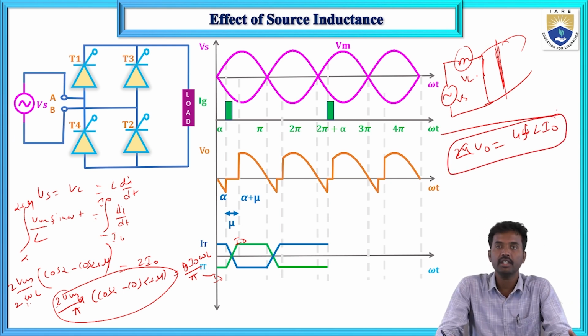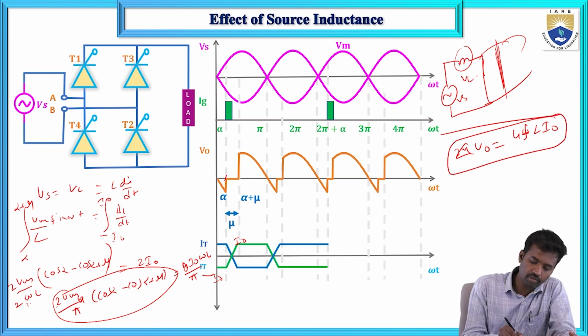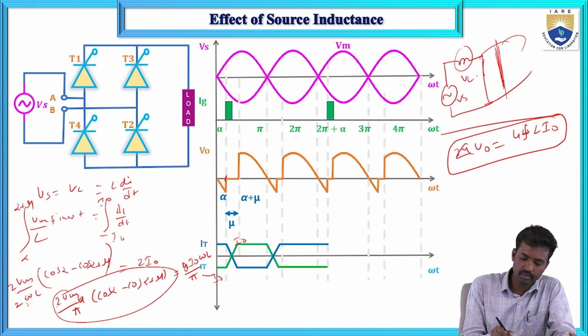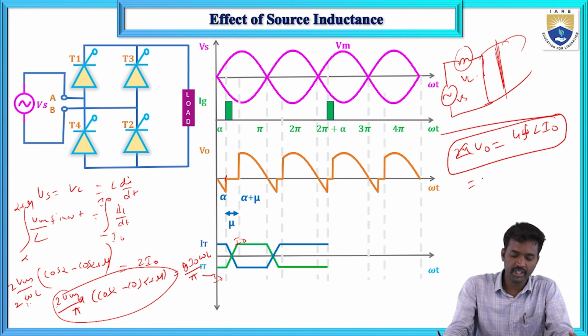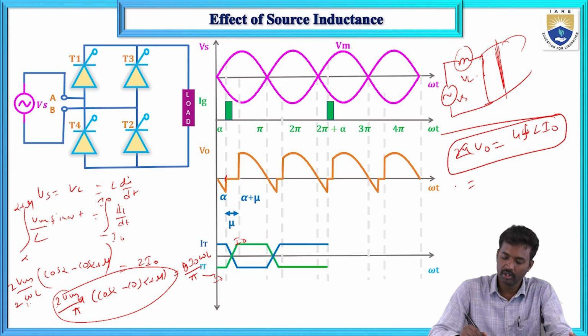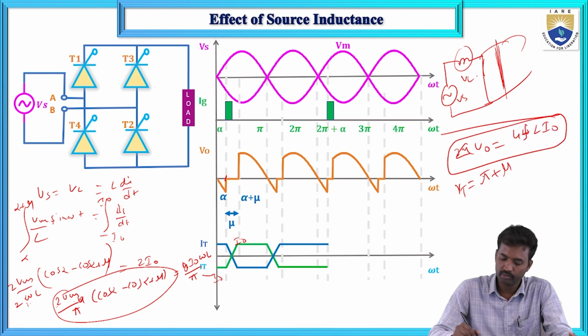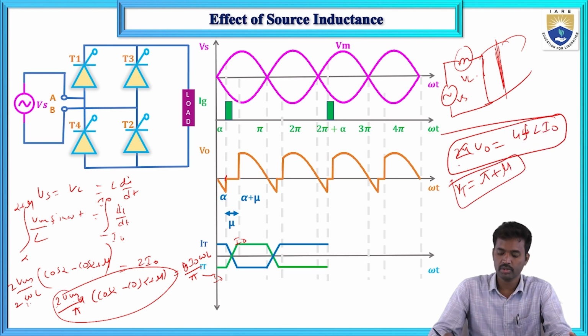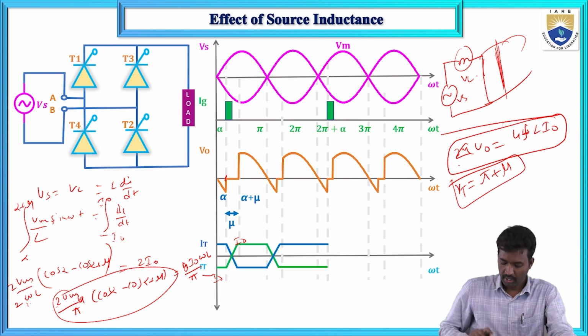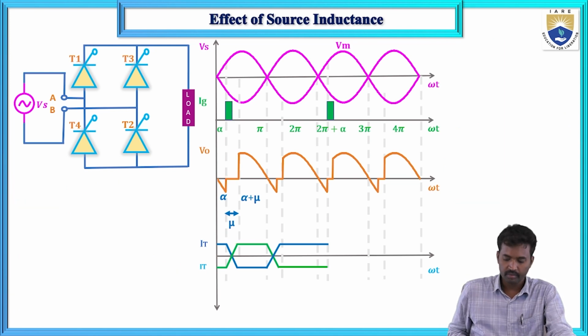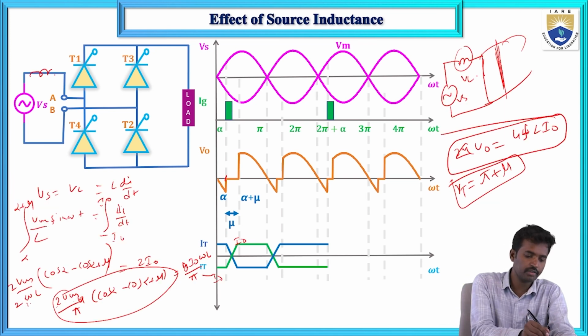What is the conduction time? So now here this is the alpha. This one is the pi plus alpha. So in the previous case that value is gamma of t equals pi only, here pi plus mu. Conduction time equals pi. So another one is, this is just because of inductance.